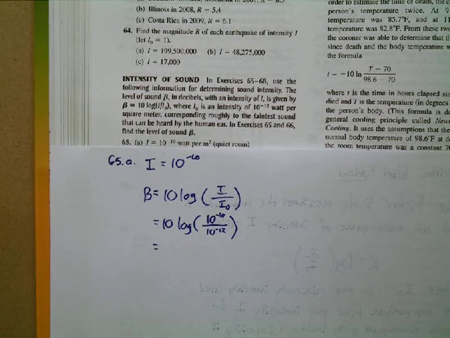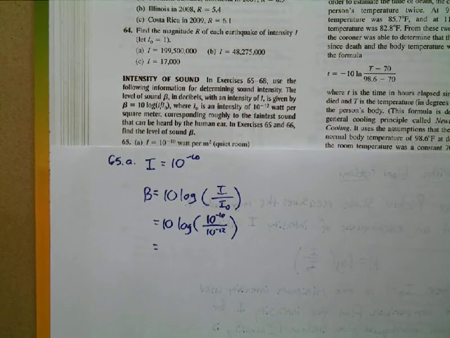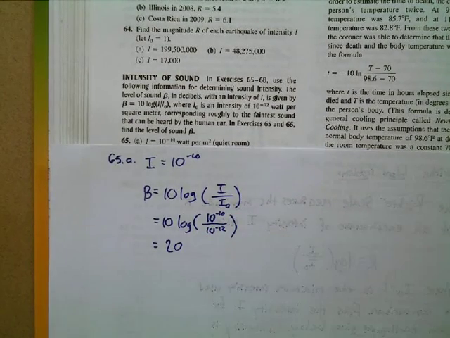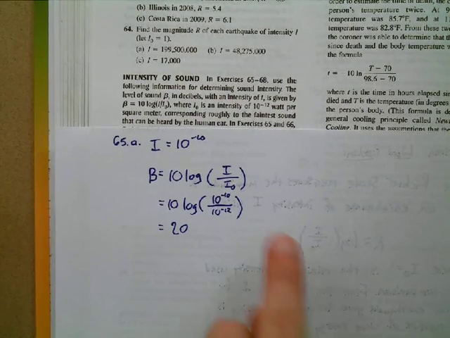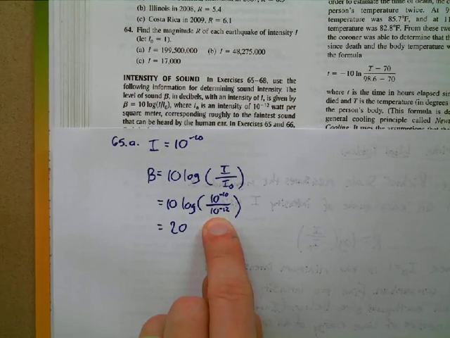We shouldn't really be surprised, because 10 to the negative 10th divided by 10 to the negative 12 is 10 to the second, which is 100. Log base 10 of 100 is 2, and 2 times 10 is 20. So we can actually do that one mentally too. The final answer there is 20 decibels.